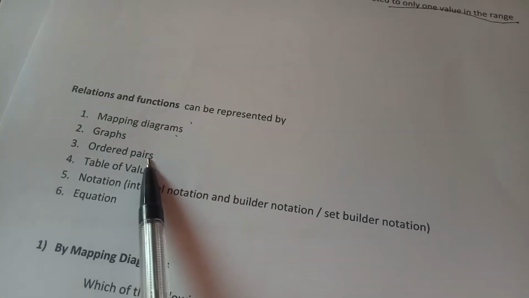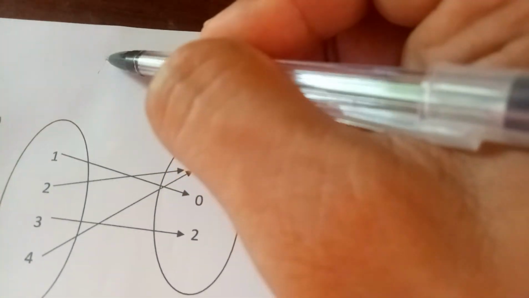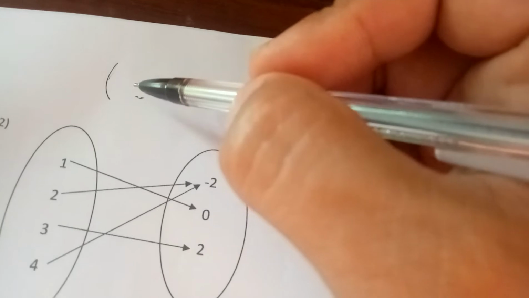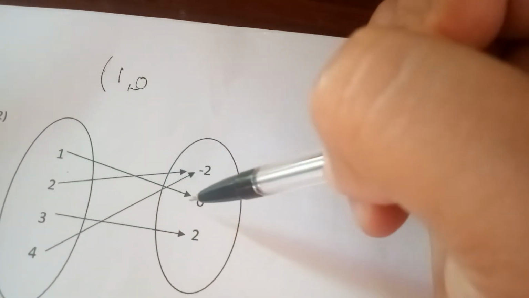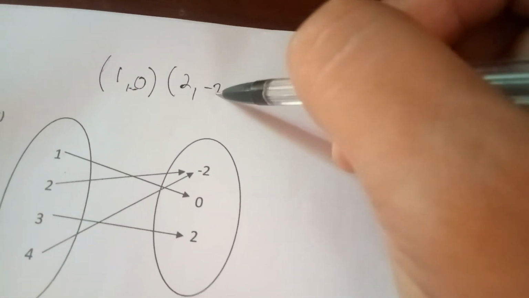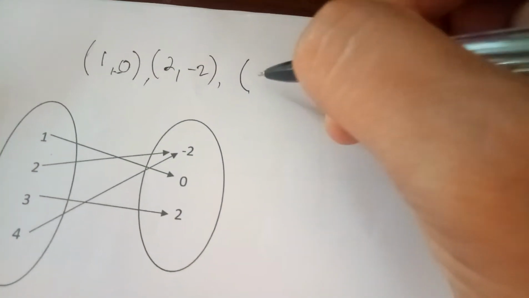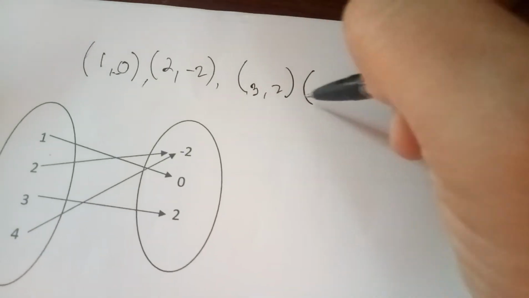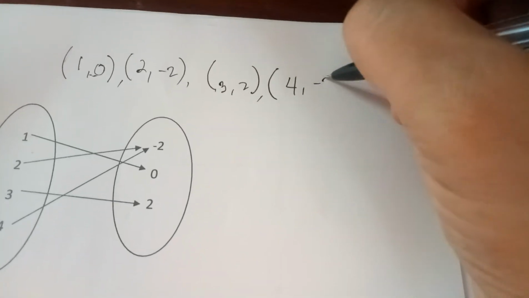One is the mapping diagram. The other is by listing ordered pairs. Here, if we list by ordered pairs, for example, 1 is to 0, 2 is to negative 2, 3 is to 2, and 4 is to negative 2.